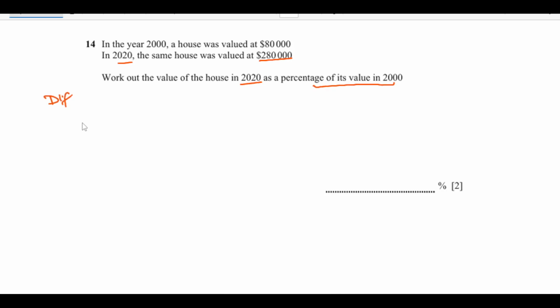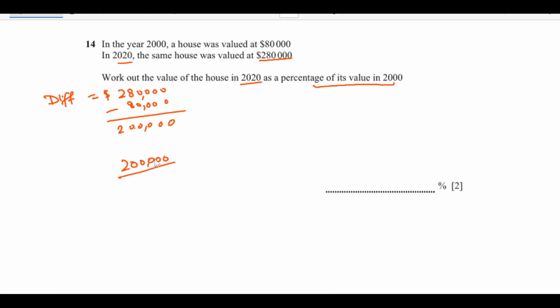The difference in the price is $280,000 minus 80,000, so this is 200,000.